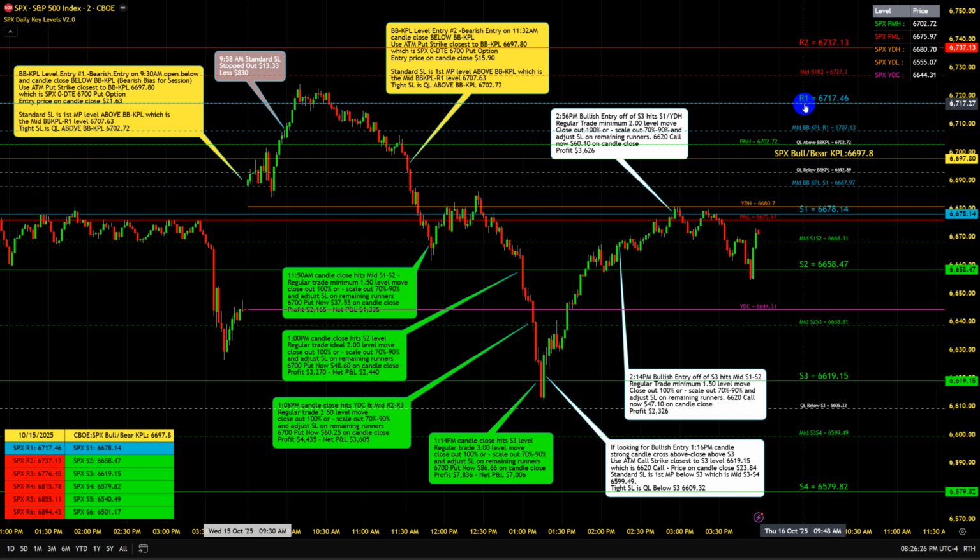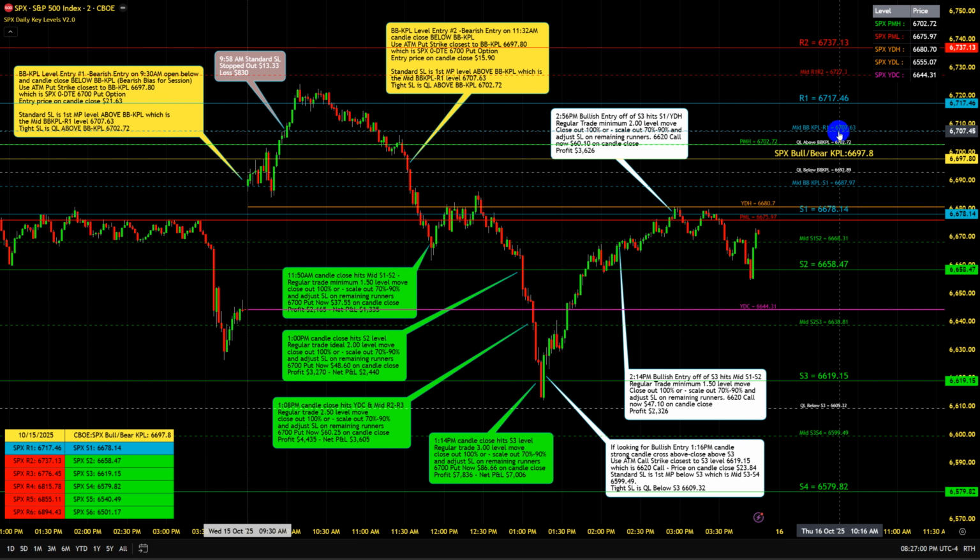So for example, mid R1, R2, that's the midpoint level between the main R2 level and the main R1 level. The mid BBKPL R1 level is the midpoint level between the main R1 level and the main SPX Bull Bear Key Price Level. And as you can see down here, for example, this mid S2, S3 is the midpoint level between the main S2 level and the main S3 level.